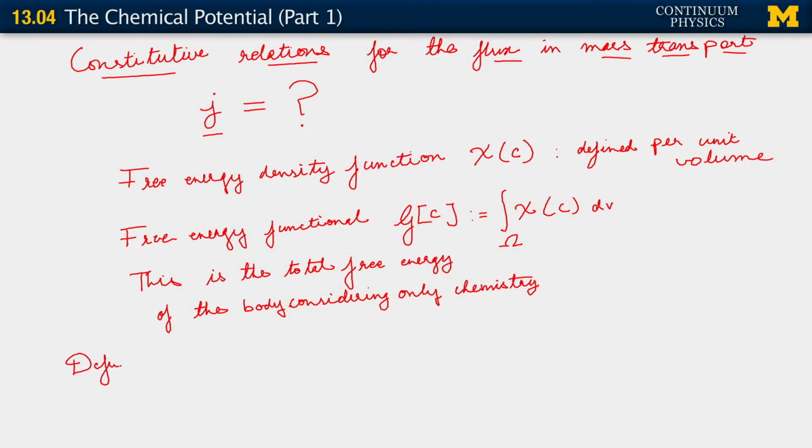We define the chemical potential, which I am going to write as mu, and this is a chemical potential which is a function of C. A priori I'm saying that it is a function of C. The way this is done properly is the following.